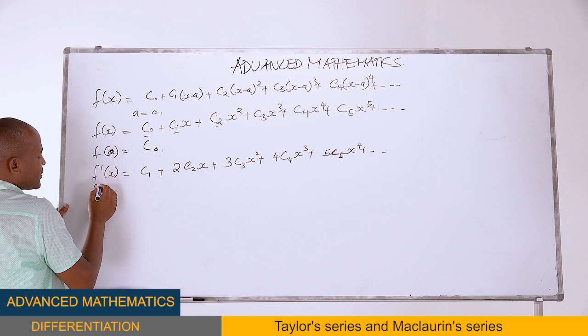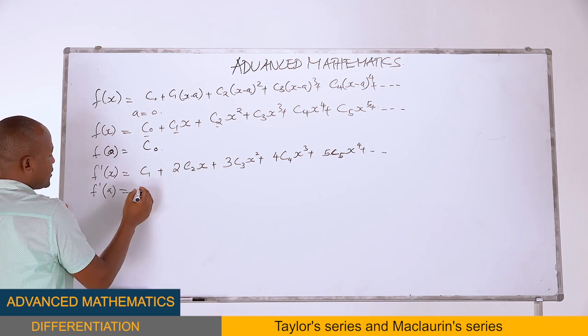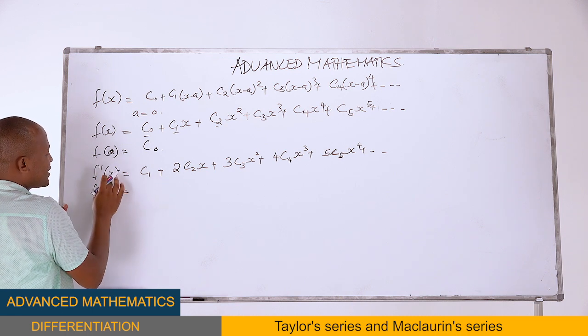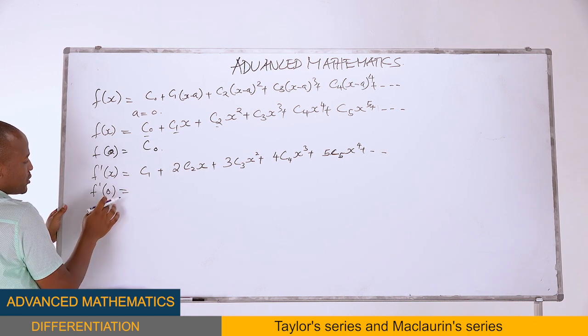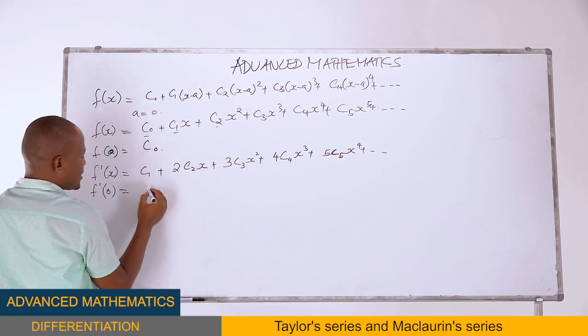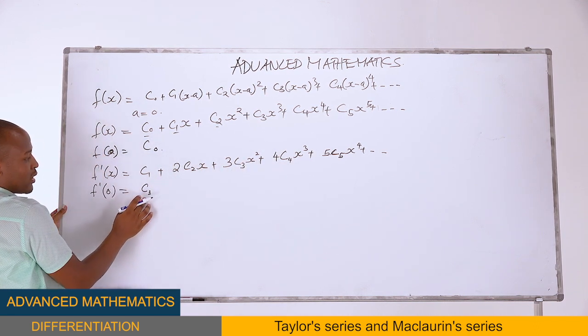Now evaluate the first derivative when x is equal to 0, that is to say all of these factors will go, then you are going to be left with only that one.